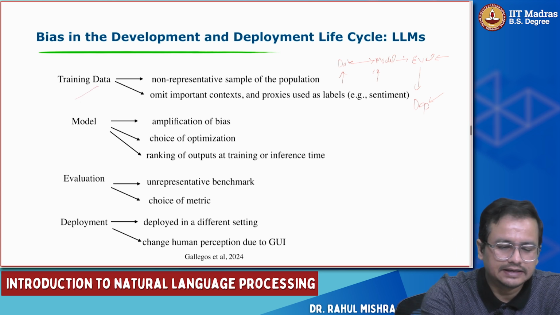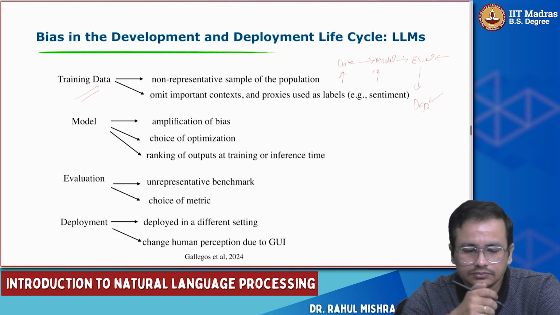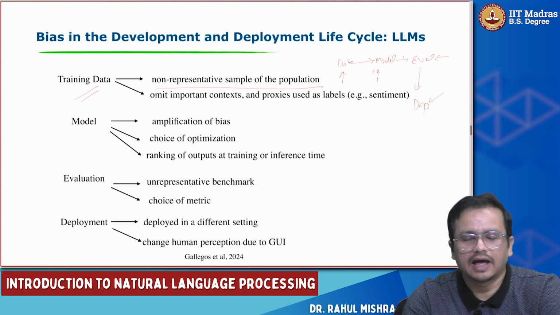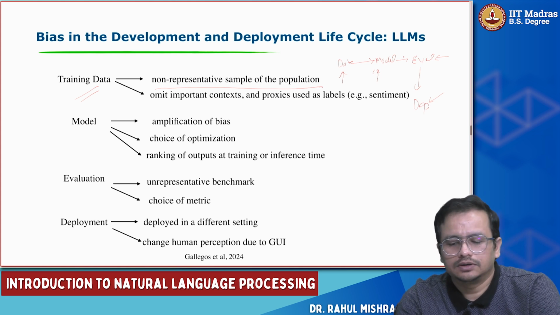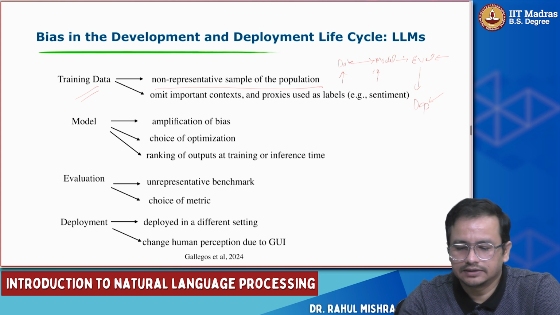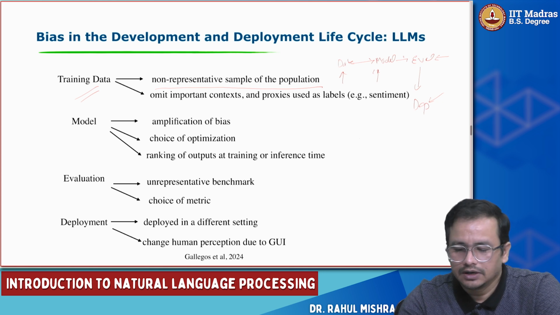So when it comes to training data, the bias can be in the data, and most of the time it is in the data, right? And what could be the reason? What kind of examples could be there? Non-representative samples of the population. So let's say you are collecting a data set on who has a bachelor's degree versus not, and you are conducting a survey in a particular city in India, and most of the samples you have are from men rather than women.